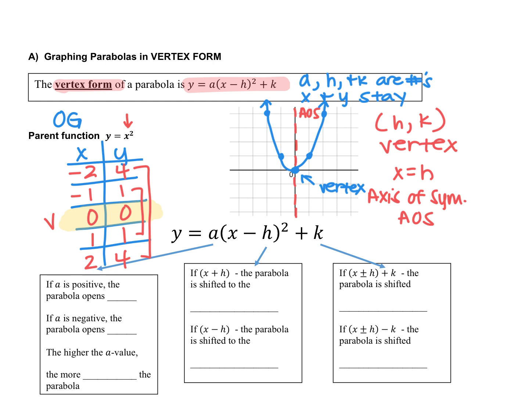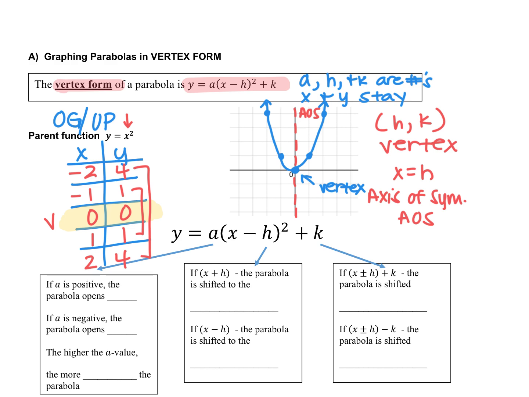So this is our parent function for quadratic functions. This is the original parabola, so I guess it would actually be the OP, not the OG, original parabola. And this is the one we will go back to. This is the one that we base all of our transformations on.